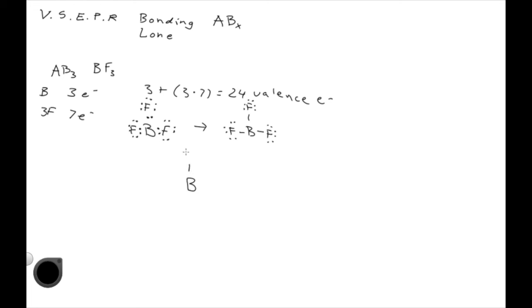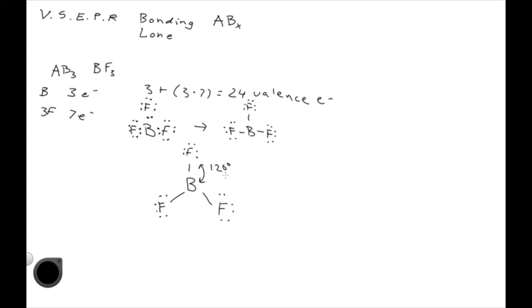So we have one bonding pair up here, and we have another bonding pair at a 120-degree angle, and then another bonding pair at a 120-degree angle with the other bonding pairs. In between each of these bonds, there is 120 degrees, right?